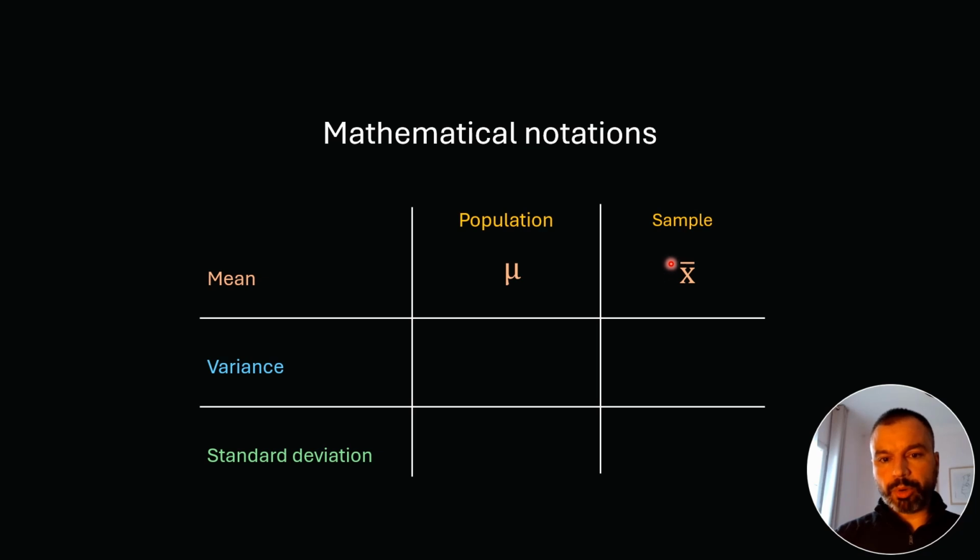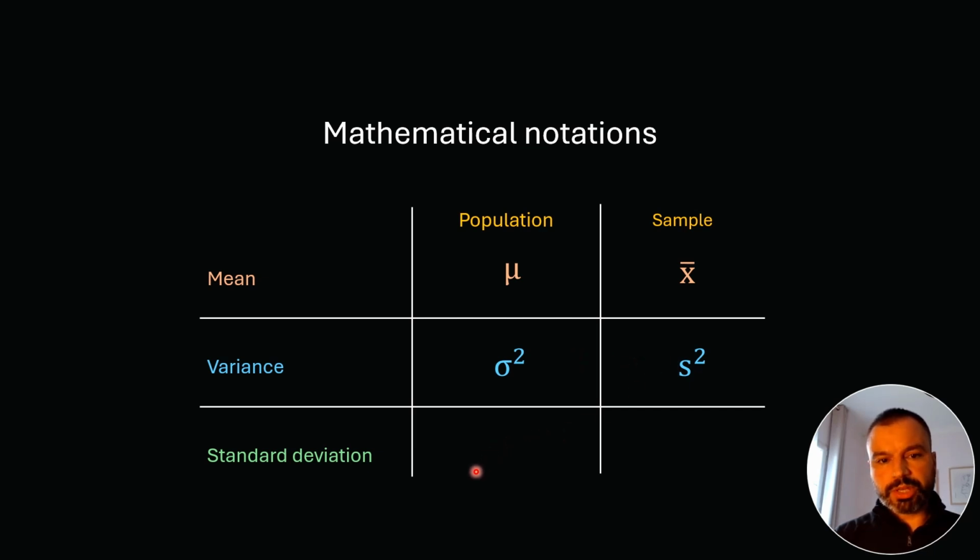There will be a bar on top of the letter you're using to represent the variable. The variance of a population is denoted by sigma squared, so the Greek letter sigma squared. The variance of a sample is denoted by s squared.